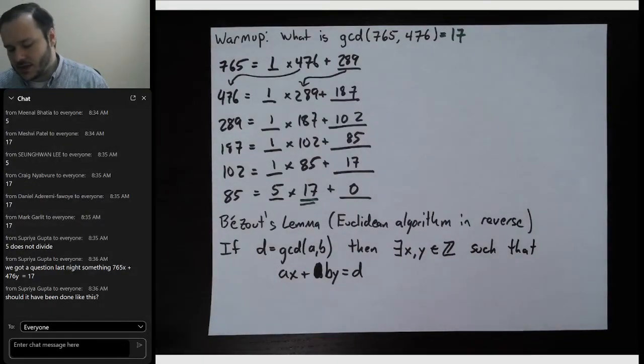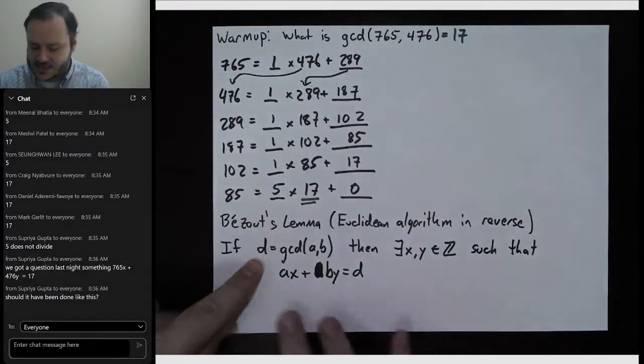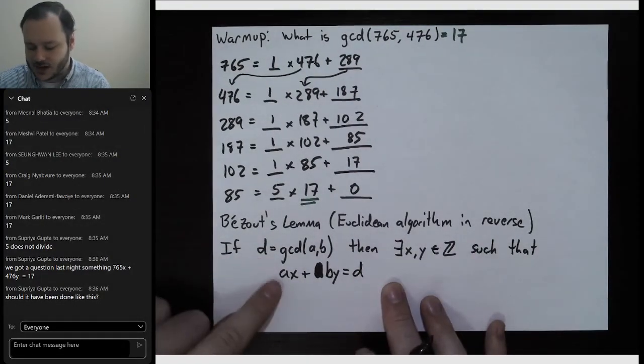So if I have the GCD, then I'm able to solve an equation like this.